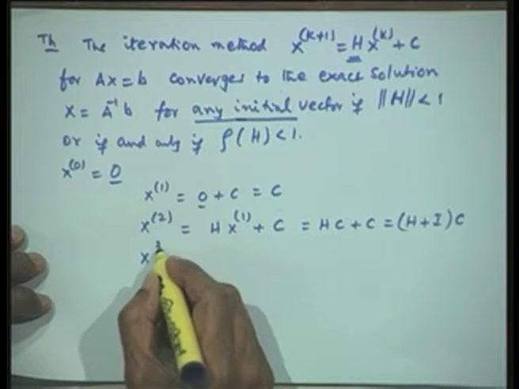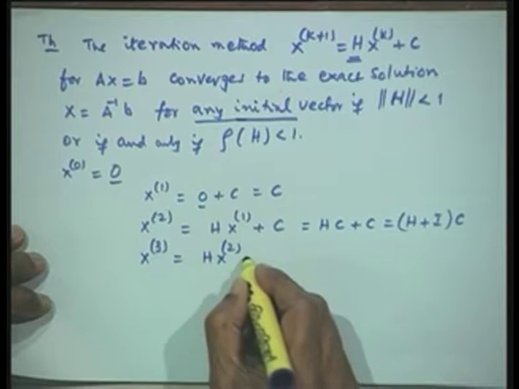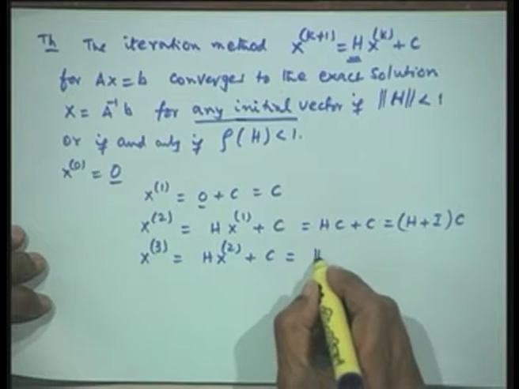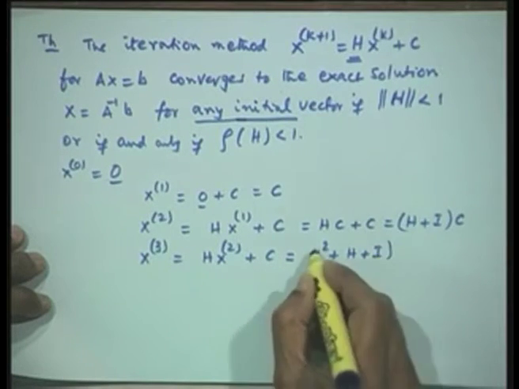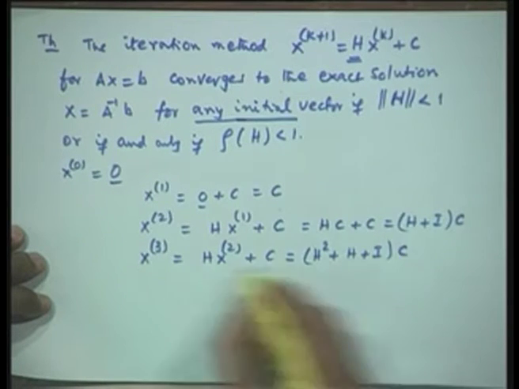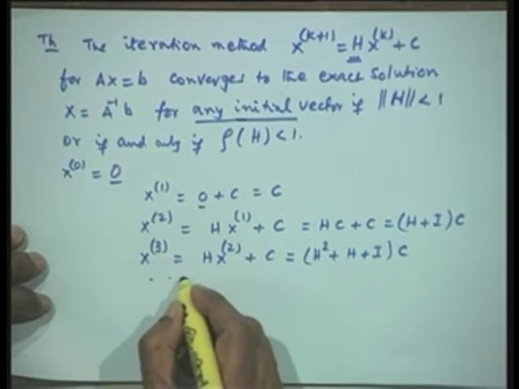Now, we proceed further, x 3 is h x 2 plus c. So, h into this quantity. So, I will have h square plus h plus I of c. This is h into h square h and this is I coming from here and so on.